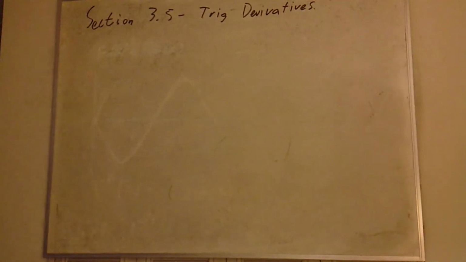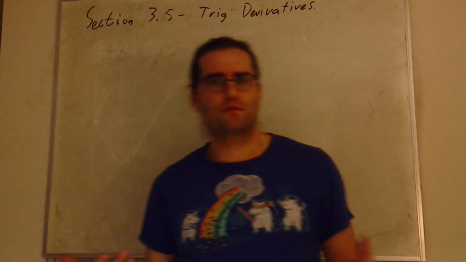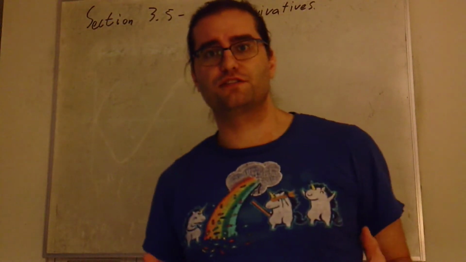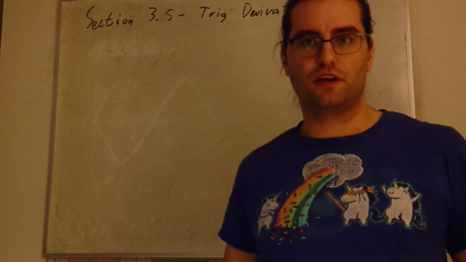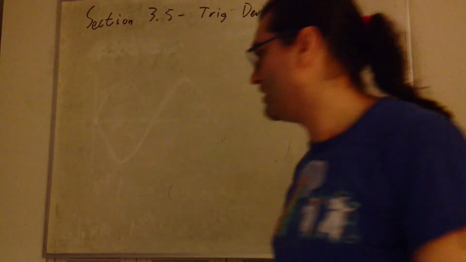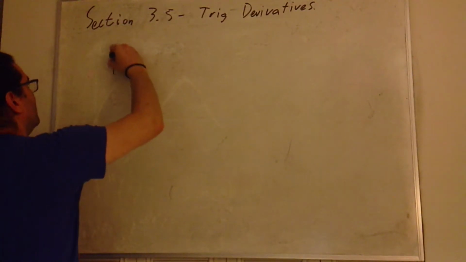Okay, so as I was talking about when I opened this video, one of the big reasons we're talking about trig derivatives is so that we can have some more interesting functions to use in our quotient and product rule stuff. So let's talk about that.